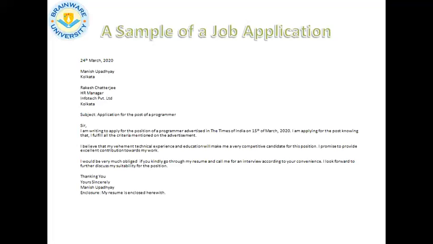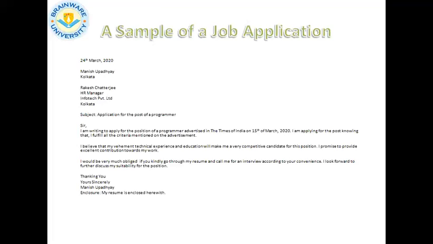And you have to pay very close attention to the salutation. Like you cannot address the person or the recipient by his or her first name. Either you have to write sir or you have to write madam. Then you have to proofread the letter very carefully. What is proofreading? Proofreading is to check the letter if there are any grammatical or spelling errors.